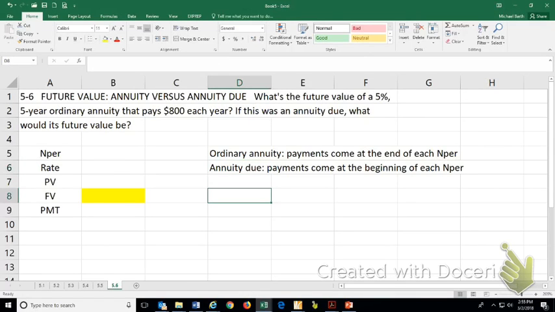There are relatively few annuities due and relatively many ordinary annuities. Excel has a built-in function that solves this either way, but you just indicate whether it's an annuity due.